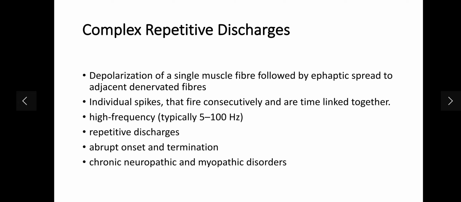They are individual spikes that fire consecutively, linked together, and they could be very high frequency. They are repetitive, and they have abrupt onset and termination. So these are the complex repetitive discharges. They have a complex morphology, and they are very repetitive and could be very fast.